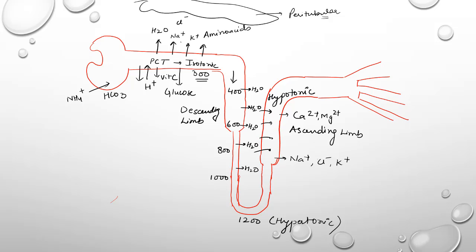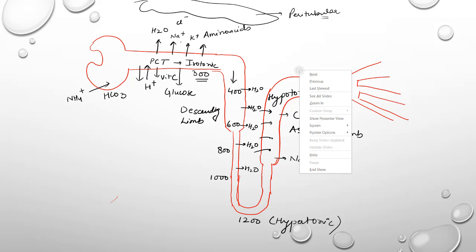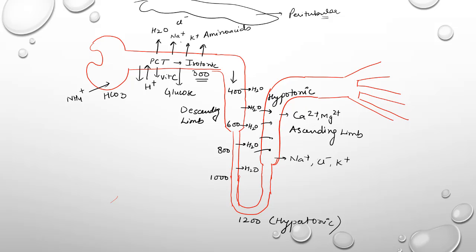So it becomes hypertonic. At the level of DCT, the distal convoluted tubule, with the help of the ADH, aldosterone, RAS system, it will help to maintain the amount of water and the salts.